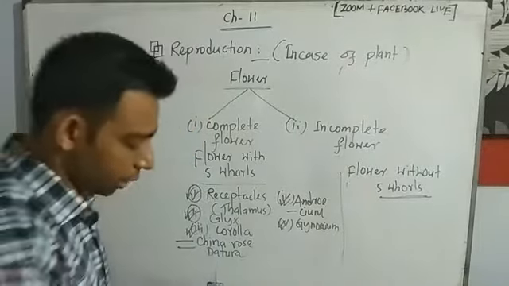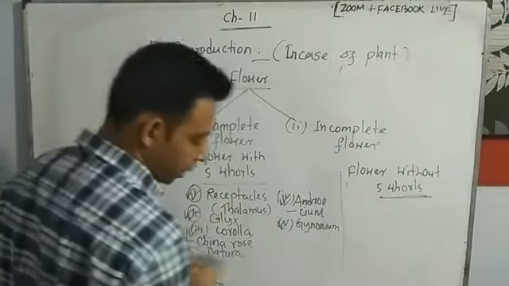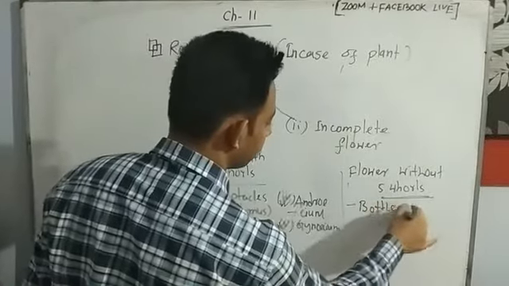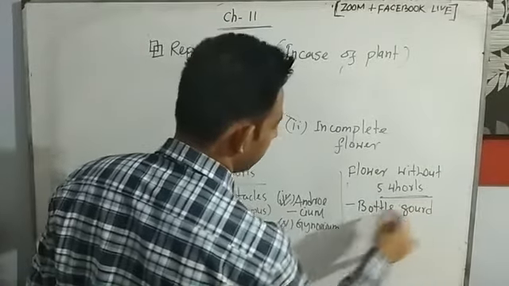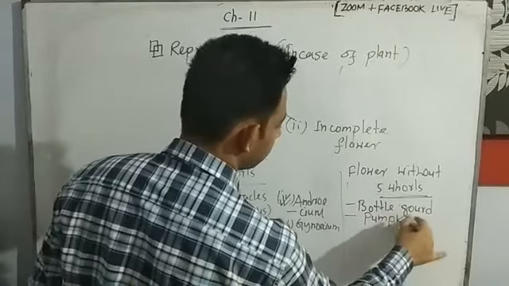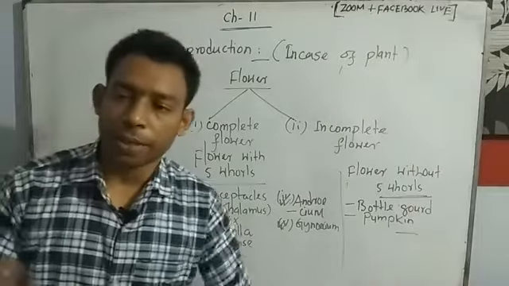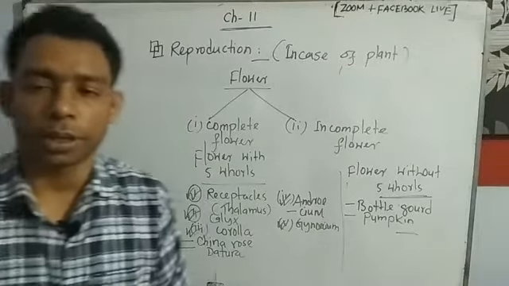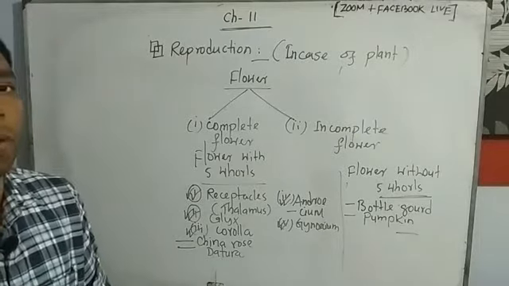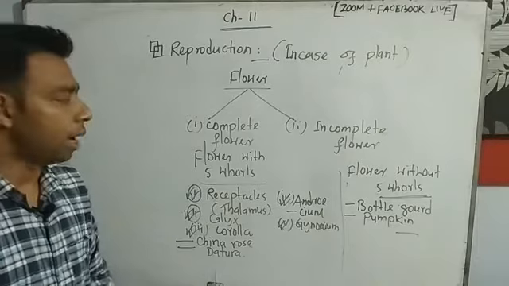Examples are bottle gourd and pumpkin. Sometimes a 1 mark question asks what is a complete flower and what is an incomplete flower. I think you will be able to give the answer.